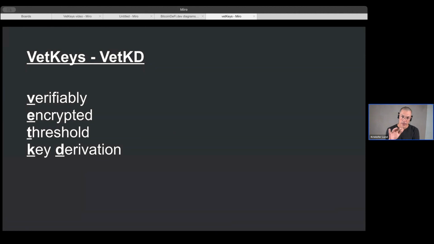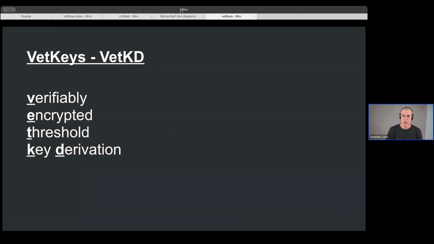We will stay at a slightly higher level, starting with the overall concepts, and then I will show you a showcase application that demonstrates 3 different uses of vetKeys. But we're starting with the high level overview.